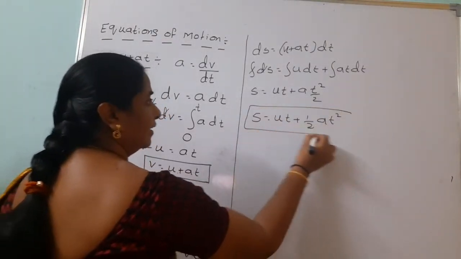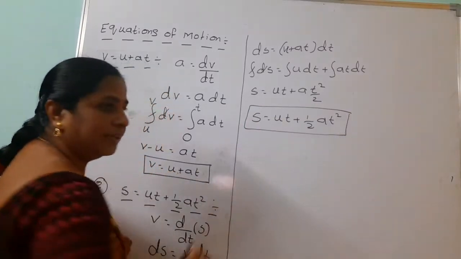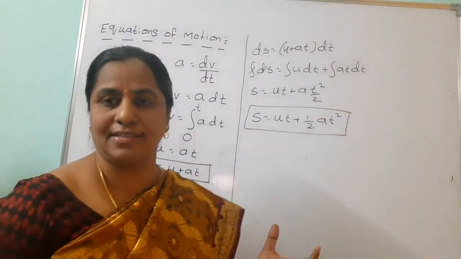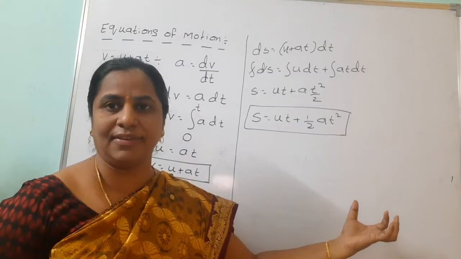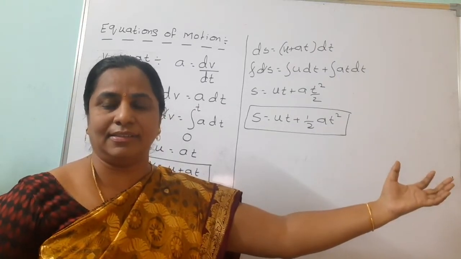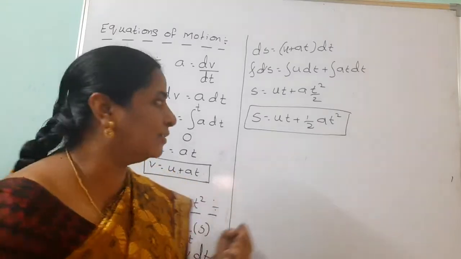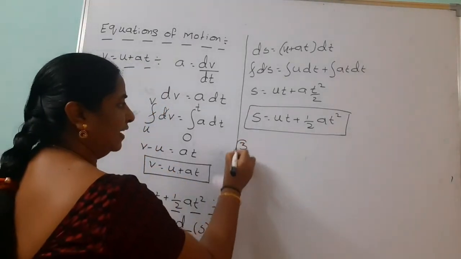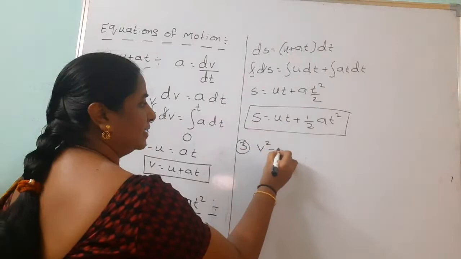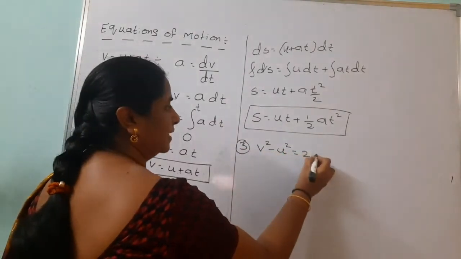Then the third equation of motion: we have to prove it. We know the initial velocity. The body is starting with initial velocity u, and after covering some distance its final velocity is v. So the third equation of motion is v square minus u square equals 2as.